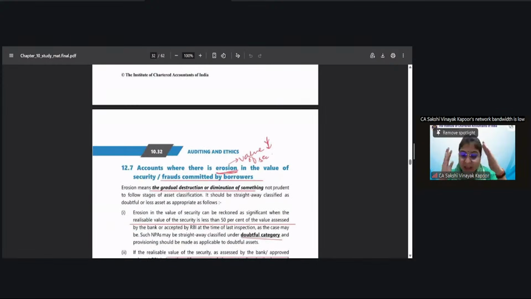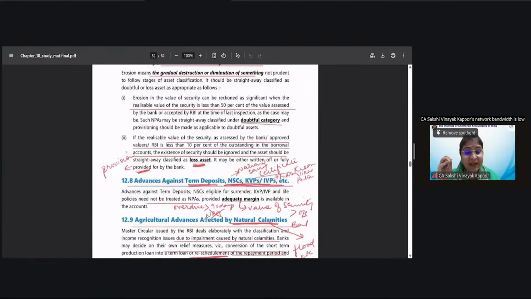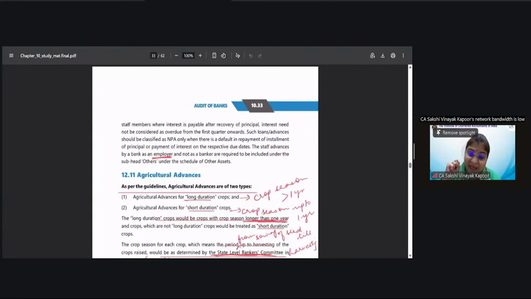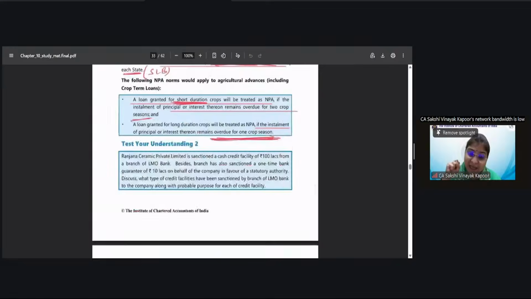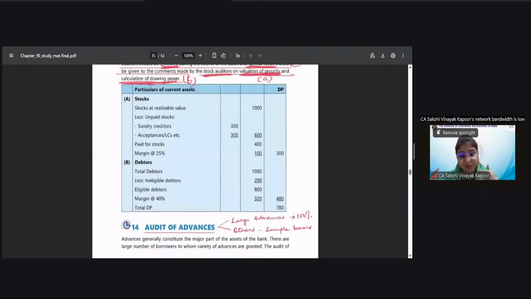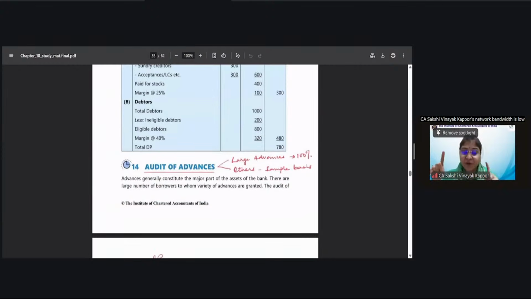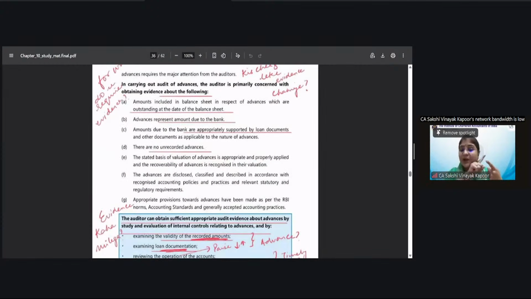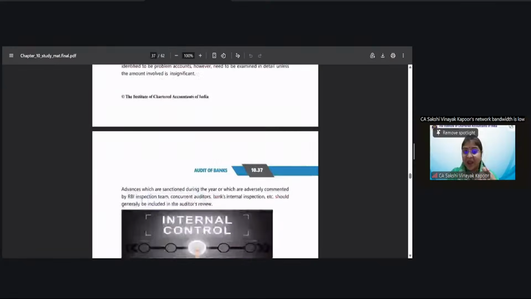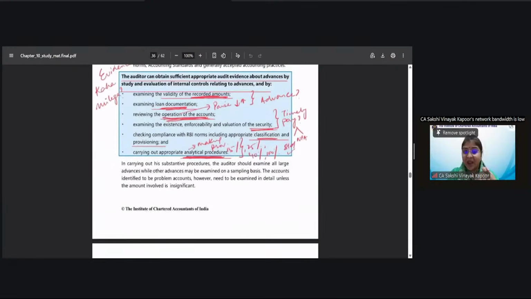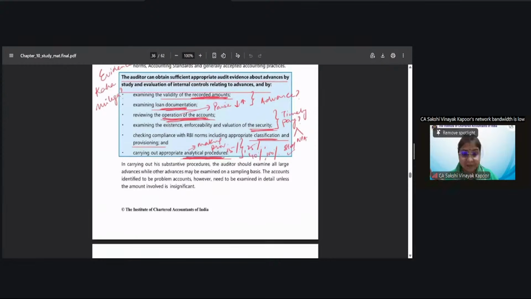For classification, you are taking it as standard. Why? Because it is backed by central government guarantee. But income recognition is something else. Classification and income recognition are two different points. For the purpose of classification, you will consider it as standard. But for the purpose of income recognition, you will consider it as NPA, and you will recognize the income on realization for advances also, as per AS 9.